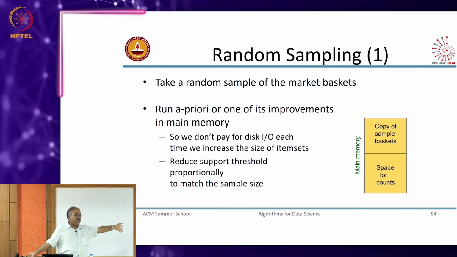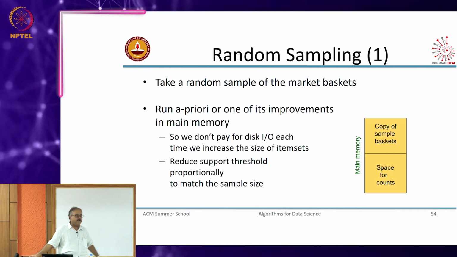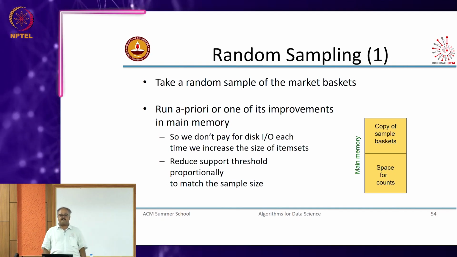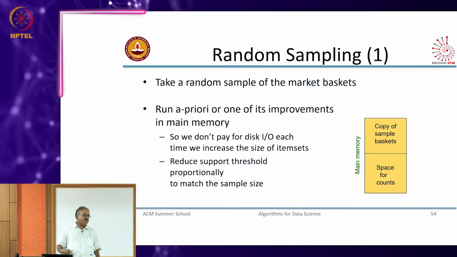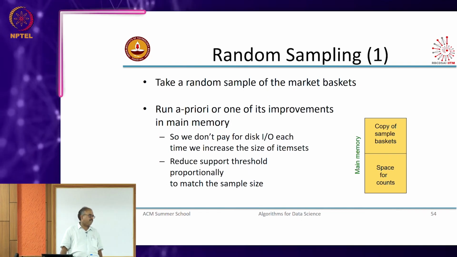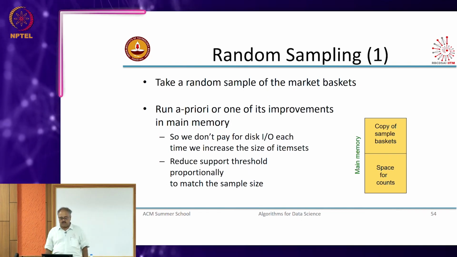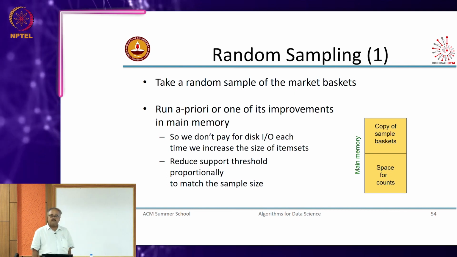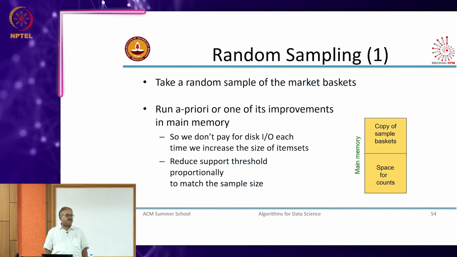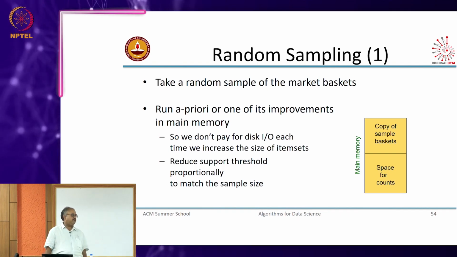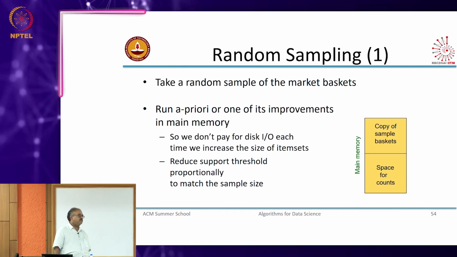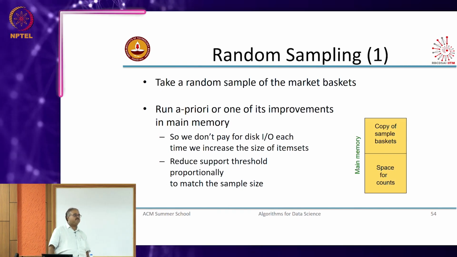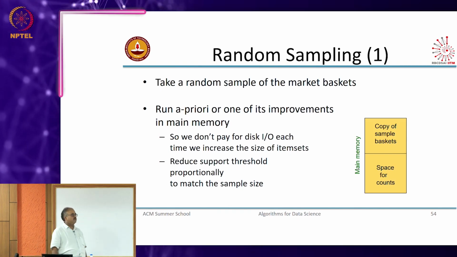You do not care if you are doing k passes through the data, because everything is in memory. K passes in memory is way faster than k passes when you have to access the disk. But you also do a trick here: you reduce the support threshold. Suppose s was my original threshold and I have sampled 1/10 of the data, I set my support threshold as s by 10. Or if I sample 1/100th of the data, I set my support threshold as s by 100.